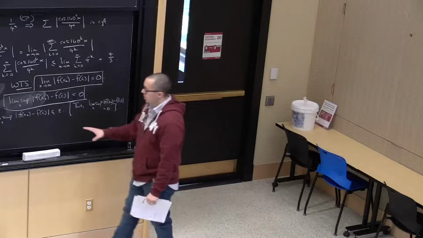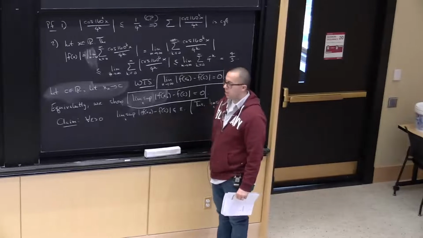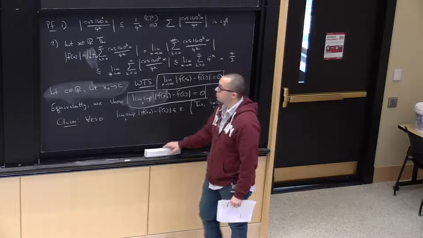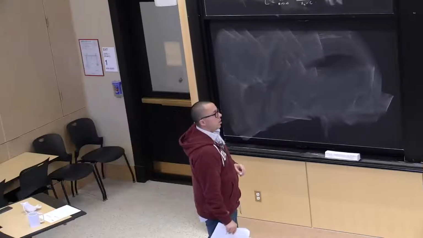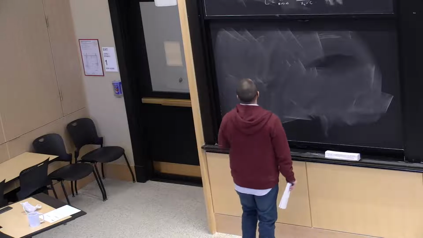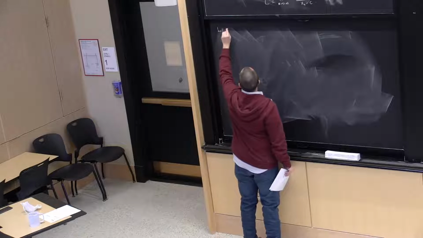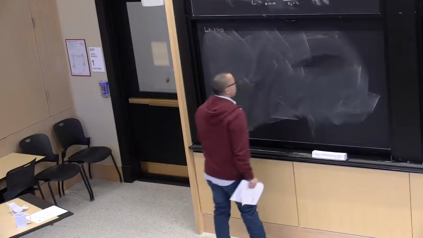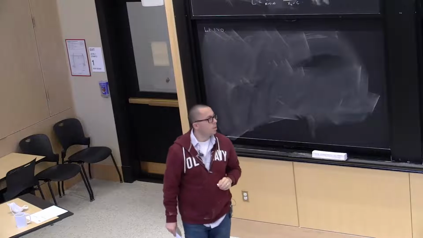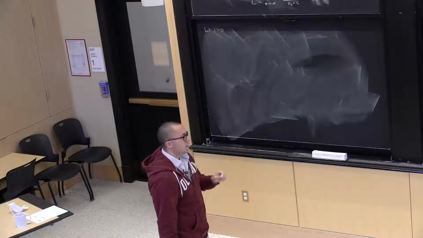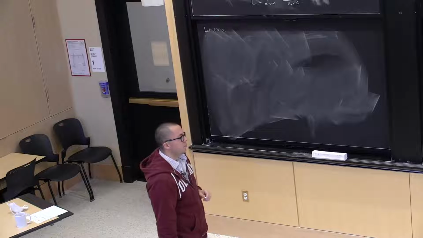Okay, so this is our goal, to show this lim sup is less than epsilon. All right, so let epsilon be positive. We're now going to prove that the lim sup is less than epsilon.